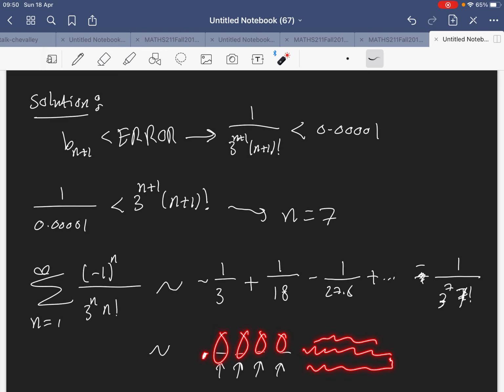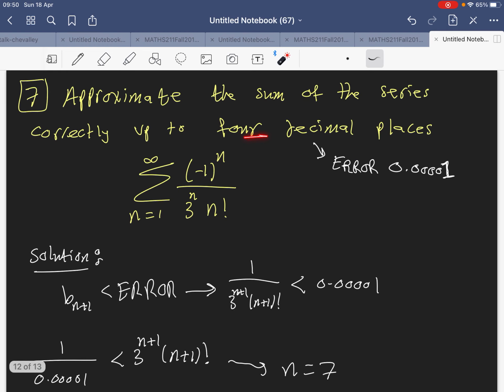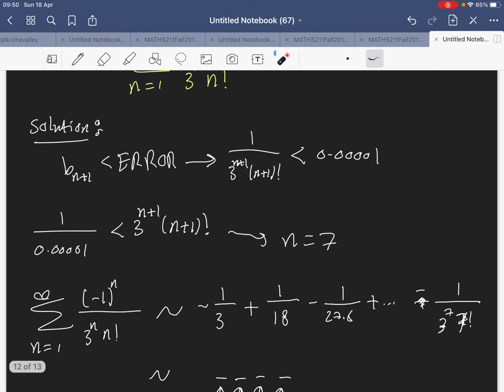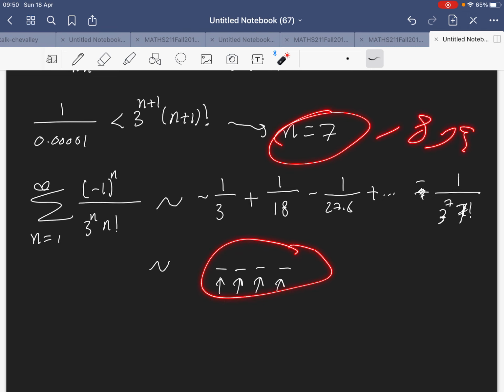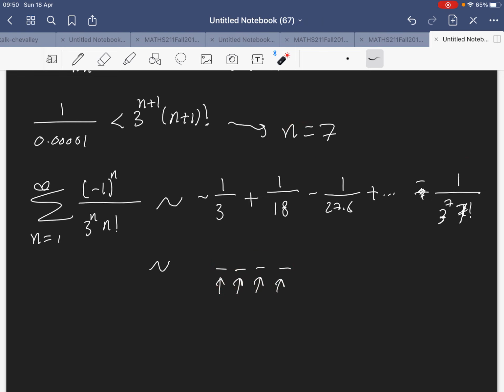But it doesn't matter because in the question we ask you to find only the 4 places. If it is a multiple choice question in the exam, we will only give you those 4 correct ones. So by this we finished the subtopic of finding the error in the alternating series.